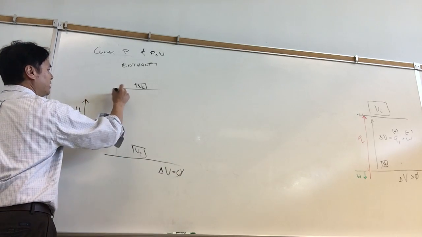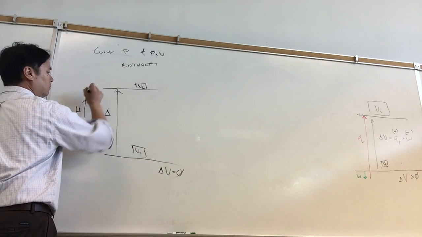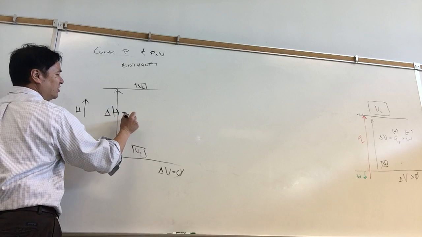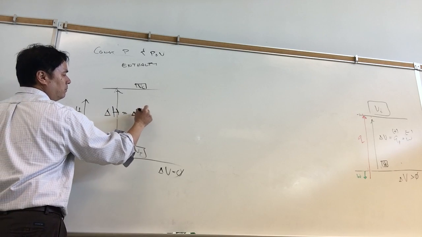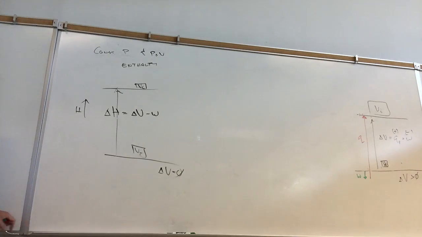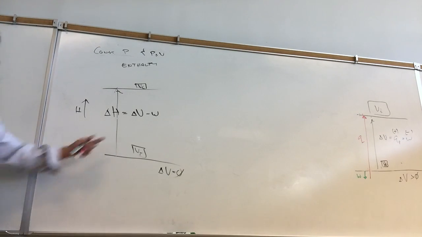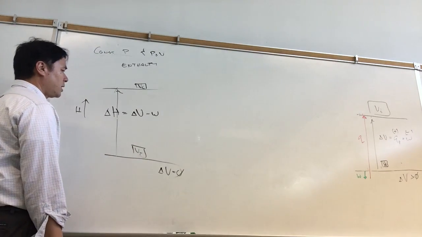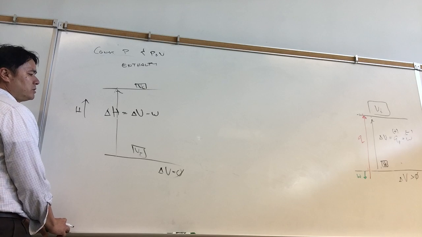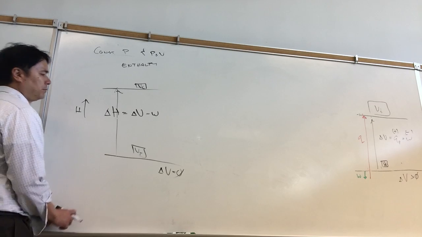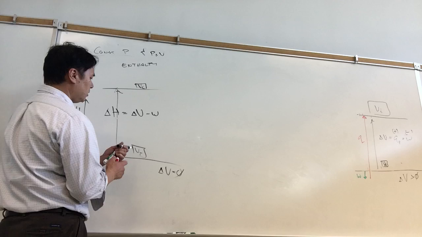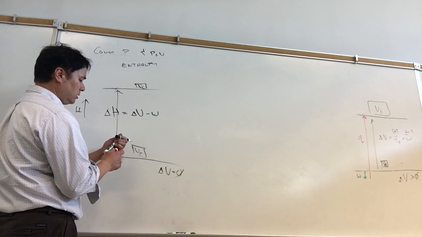Now we're looking at delta H. Delta H is equal to delta U minus W. Delta U is the gross, W is either the tax, bonus, or nothing. In this case, what is W? Zero. And so W is 0, that means this whole change is delta U.